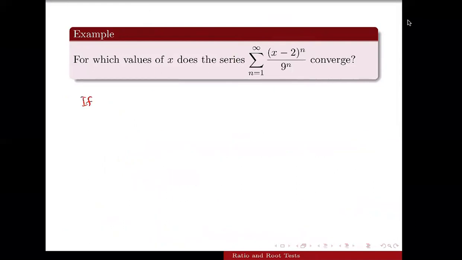So if the limit of the absolute value of a sub (n plus 1) over a sub n as n approaches plus infinity, which is the absolute value of (x minus 2) over 9, is equal to 1, then your x must be equal to negative 7 or x equals 11.